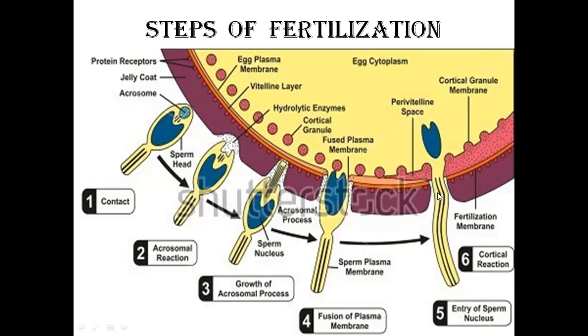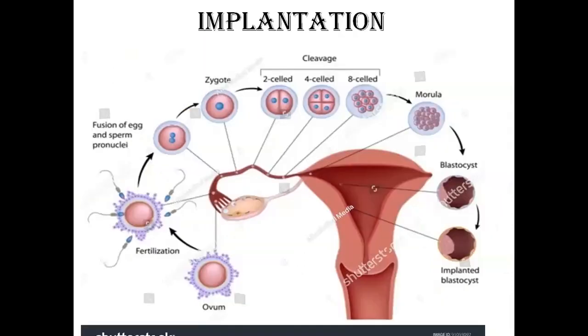ovum. And at the same time, as soon as this plasma membrane fuses, the third change which occurs is completion of the second meiotic division of the ovum nucleus, and the ovum pronucleus is formed, so that there is subsequent fusion of the two pronuclei. Now, this is the ovum with the corona radiata and the zona pellucida.